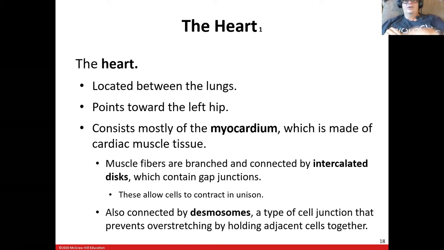Also, where it says each muscle fiber, muscle cell, it has lots of branches coming off. They're hooked to other cells that are branching. So what you have is a network, and where they're connected, the end of this cell, the beginning of this cell, they join at what we call an intercalated disc.